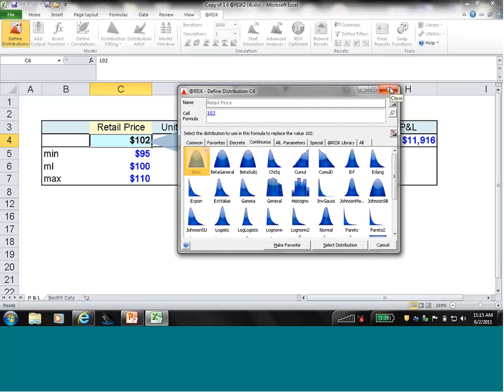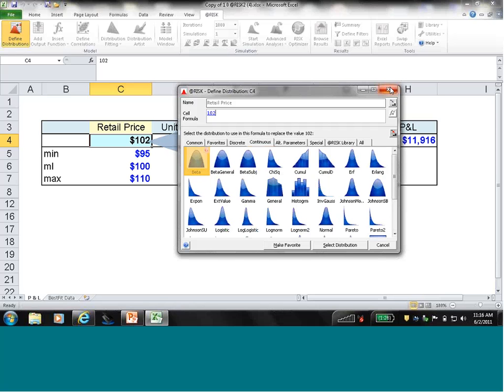And it's at this point that we're going to try to decide what distribution to put in this cell to replace the single point estimate that we were using before. There's a couple ways to decide which distribution to use. The first one being we could use some sort of industry standard. Maybe, for example, you're in Six Sigma and your industry standard is to use a normal distribution. That's just one way.